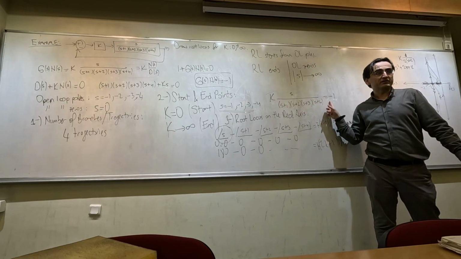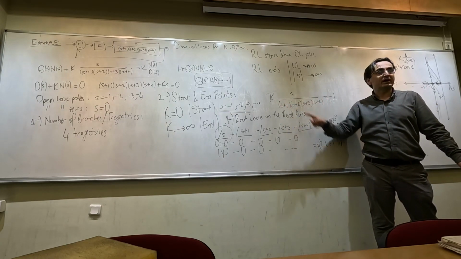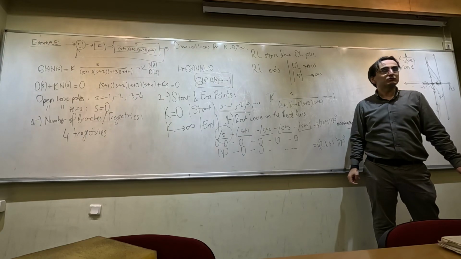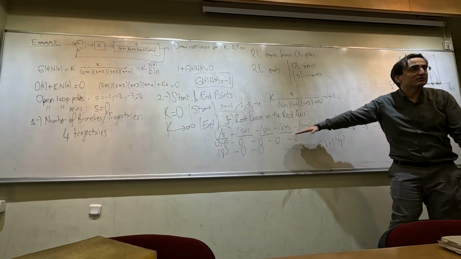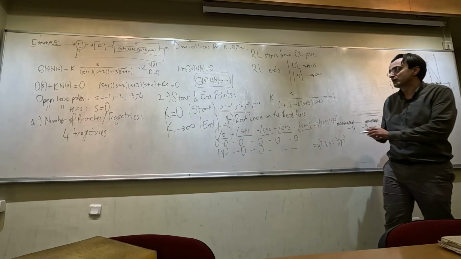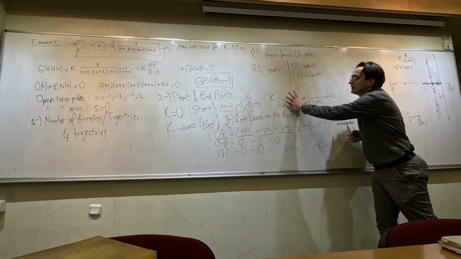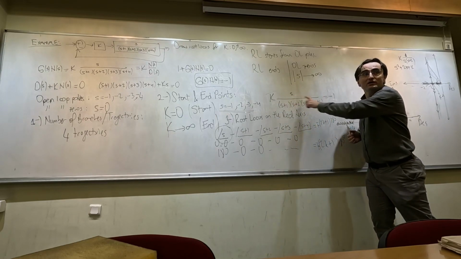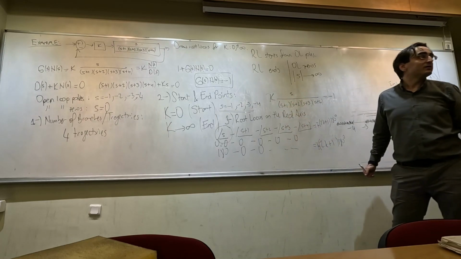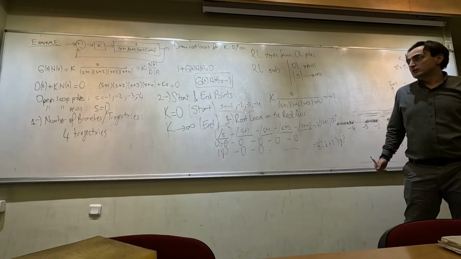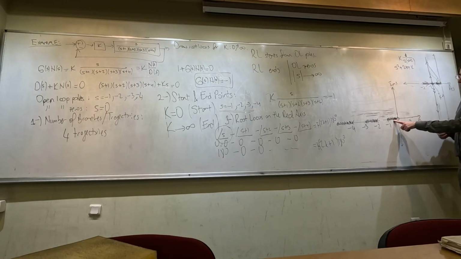That is the condition. It is the same thing as the angle condition that we are trying to check. For a positive real S value, you can never satisfy this equality by using a positive K value. So what about the case when S is between -1 and 0?